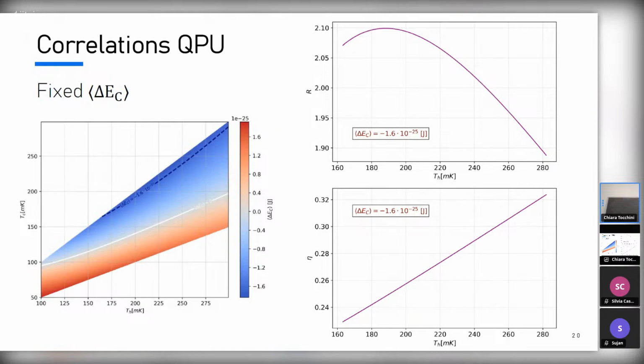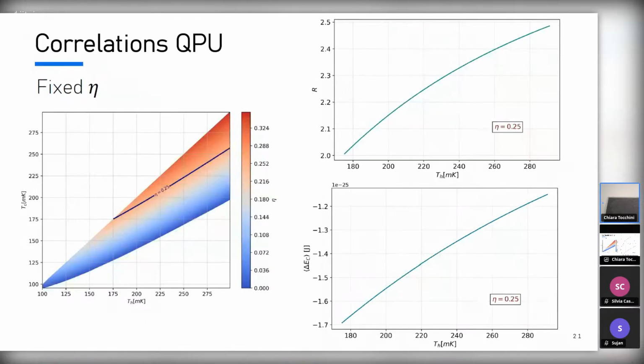And we see that here, at fixed variation of the cold subsystem energy, we have the maximum of this ratio and the minimum of the efficiency, and also at fixed efficiency, the maximum of the ratio corresponding to the minimum of the cooling.